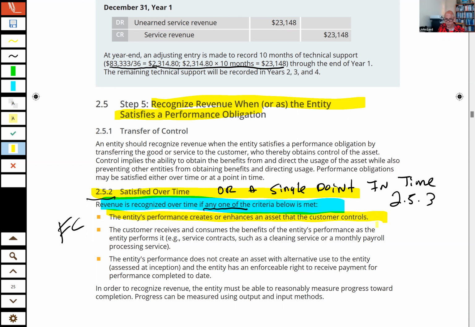Good example there would be, let's say somebody's doing some work in my backyard. So they're doing some landscaping and stuff in my backyard. Do I control the product as they develop it? Yeah, so they would probably recognize revenue as they do some initial work, say they flatten out the yard, preparing to lay a patio or something.